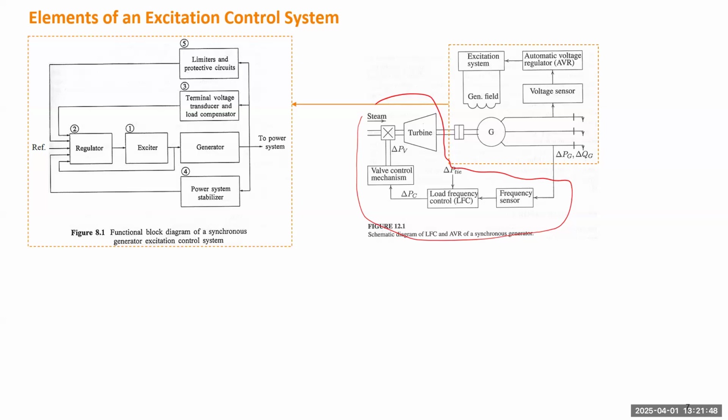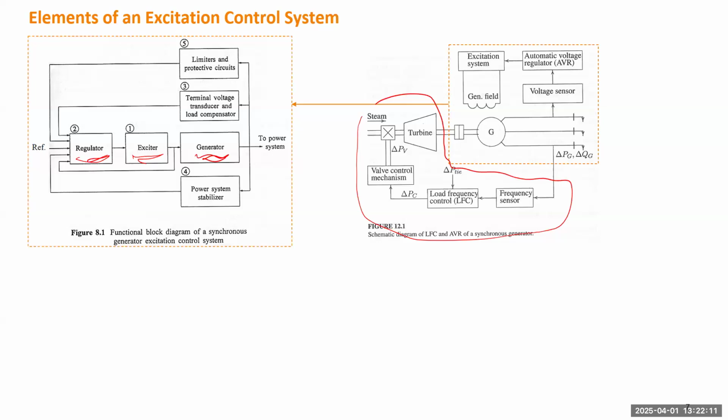That voltage control loop will have a number of components. We're going to model each of them. The center is a generator, and this exciter will determine the field current. And before that, there's a regulator to decide the control signal to the exciter.